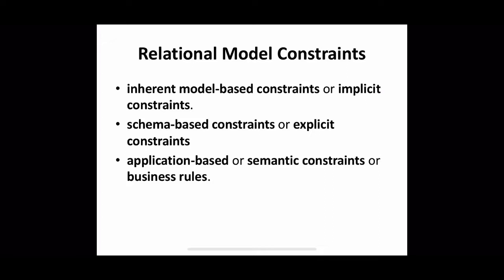And the third type of constraints are the constraints that cannot be directly expressed in the schemas of the data model, and should be expressed and enforced by the application programs. So those are called application-based or semantic constraints or business rules. So we are not bothered about that also here. We are concentrating on the second one, which can be directly specified using the data definition language.